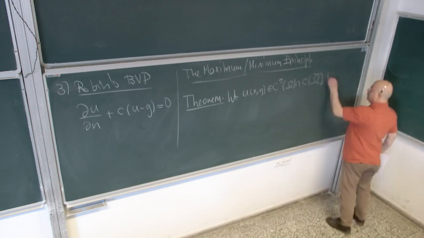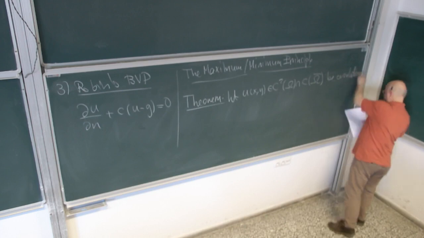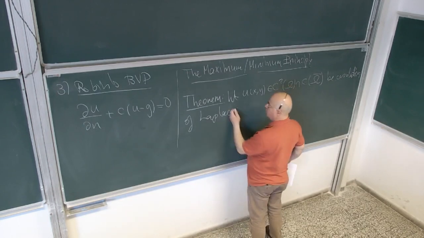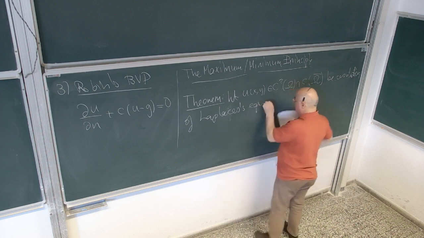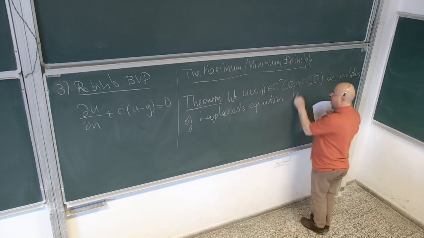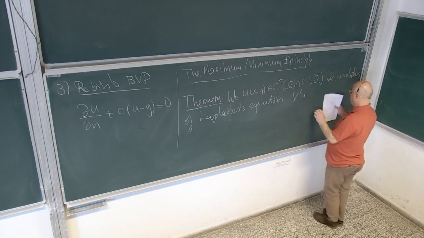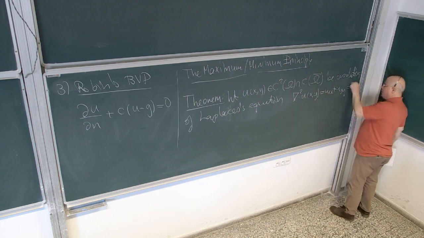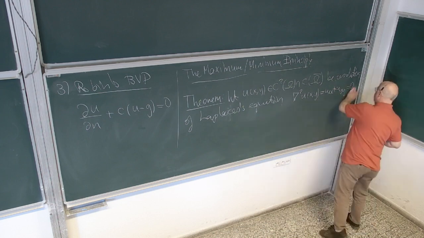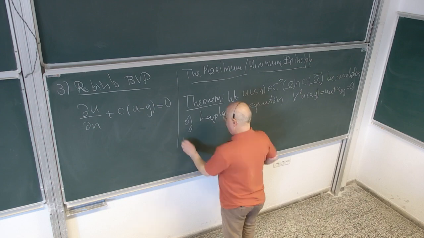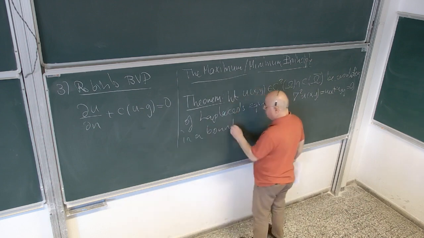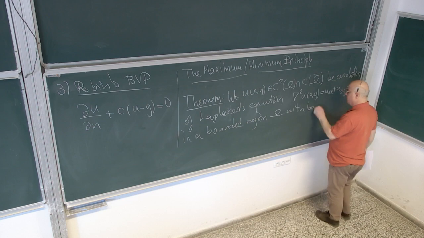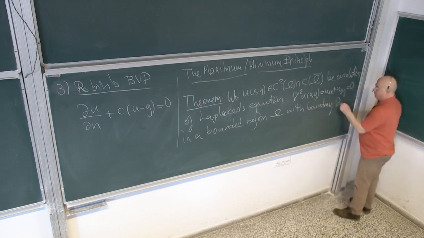So let this be a solution of the Laplace equation, namely del squared u(x,y), which is u sub xx plus u sub yy, equals 0 in a bounded region omega with boundary del omega.